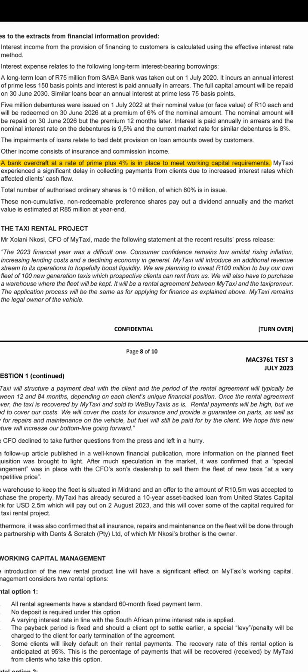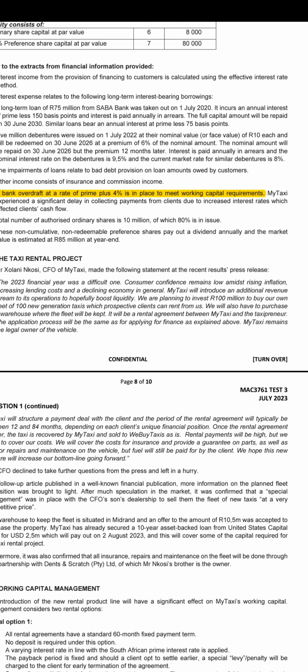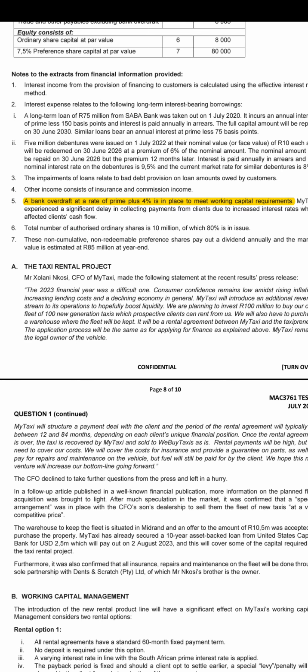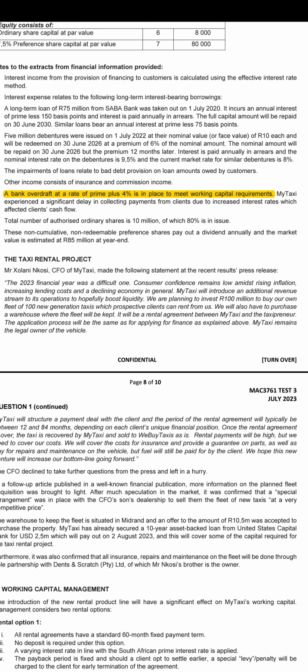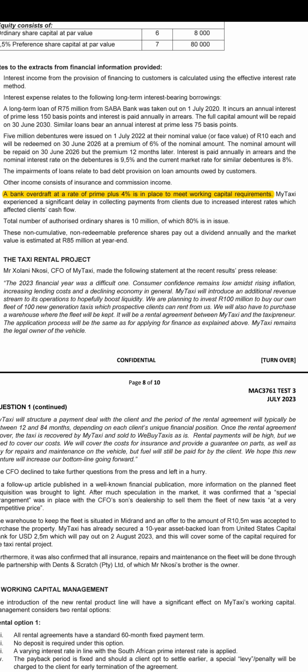The CFO is saying in a nutshell that, you know what, 2023 happened, right? But now what we're going to do is, instead of this whole model where we go to the dealership, buy the taxi from them, and then the taxipreneurs pay us over a period of time, and then they get the taxi from us, we're going to rather scrap that, or rather, we're not going to scrap that, because it's an additional revenue model, right?